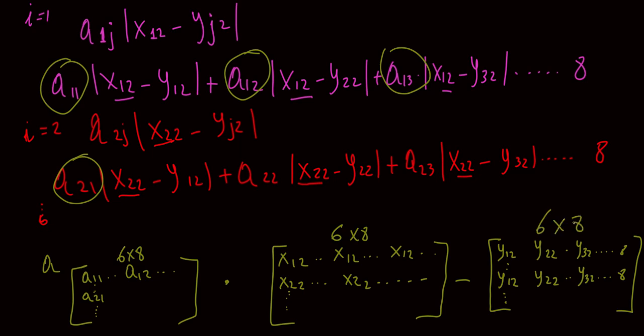So I can do this: just have a matrix minus another matrix. I need to take the absolute value.